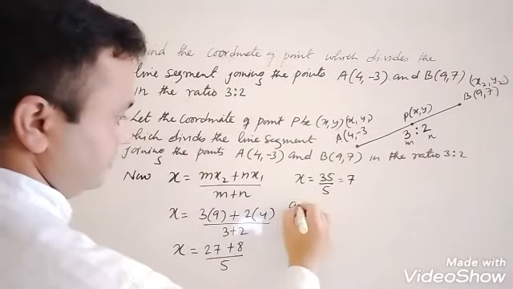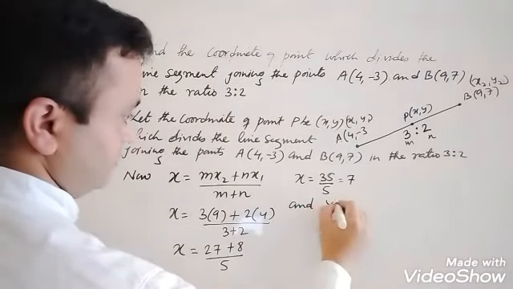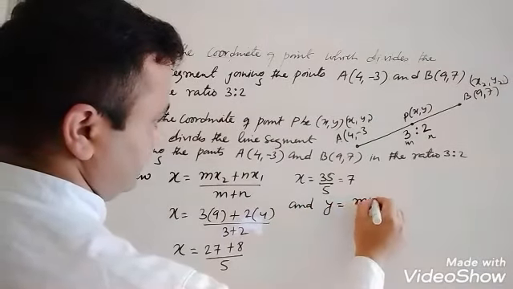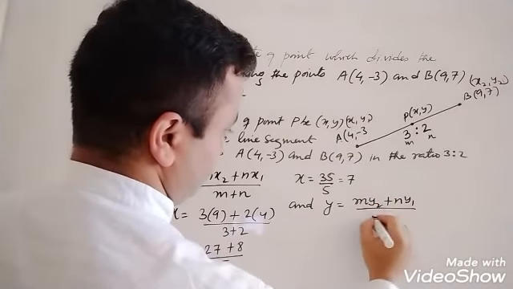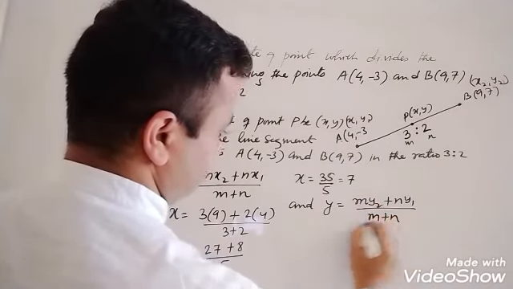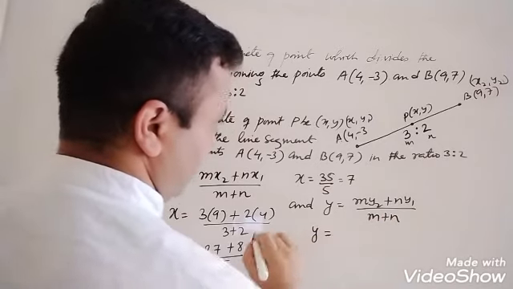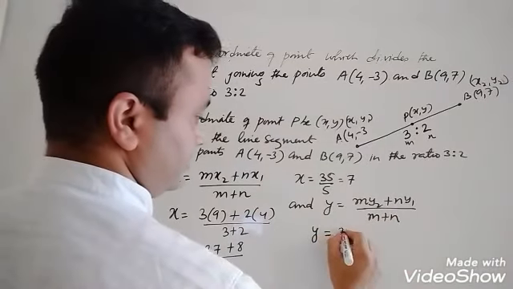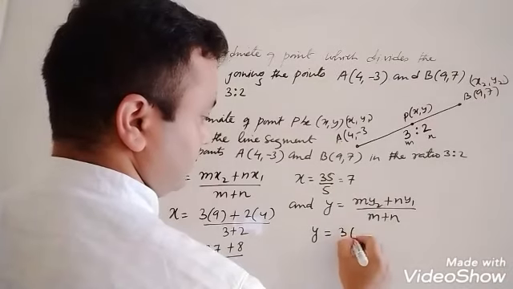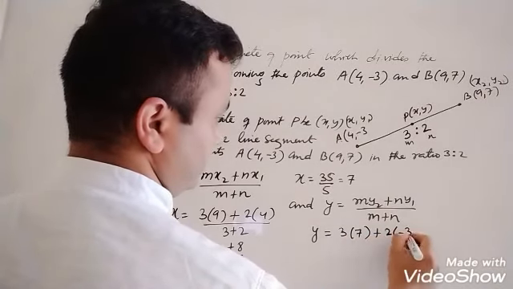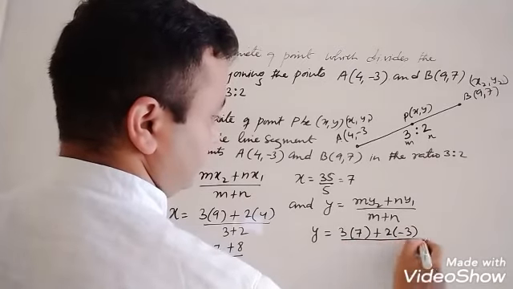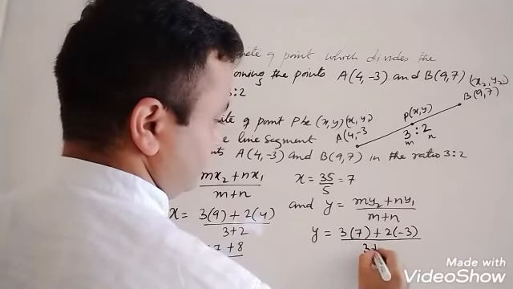Then calculate y. First write the formula: y equals my2 plus ny1 divided by m plus n. So y equals 3 into 7 plus 2 into minus 3, divided by 3 plus 2.